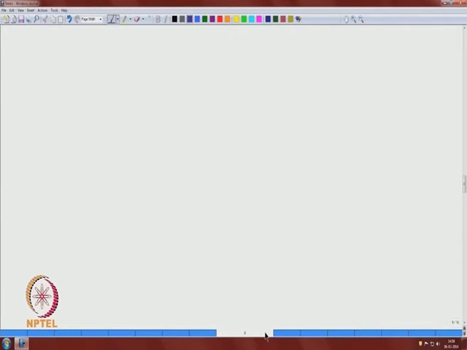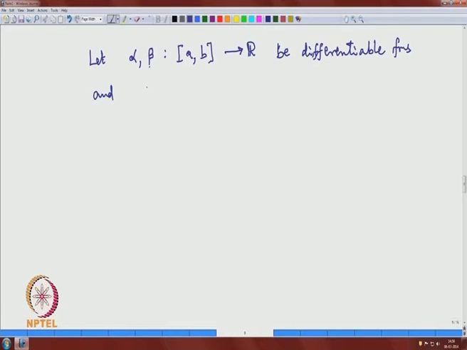Okay. Now, so again let alpha, beta from some interval a b to R be differentiable functions, and f is a function of two variables, t, s.